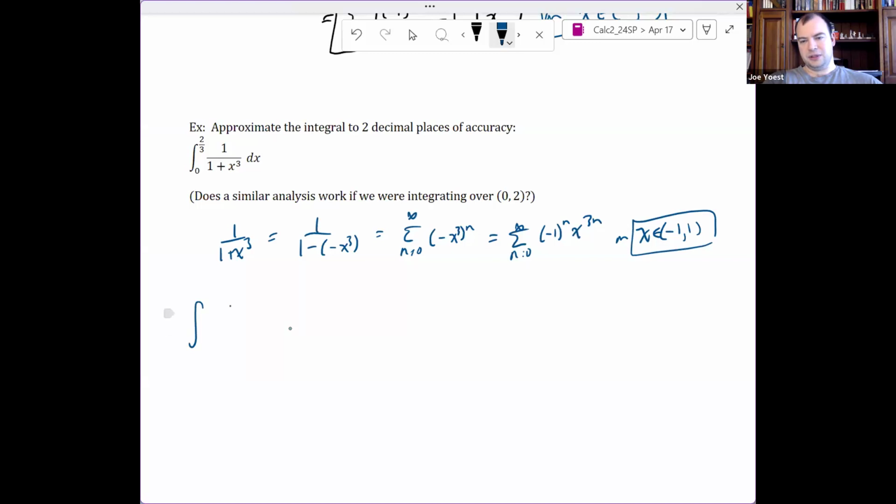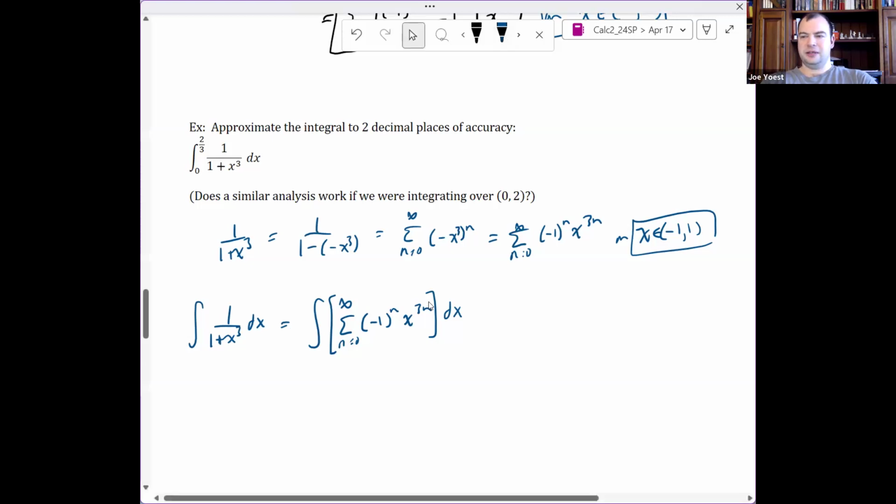So what's the integral of 1 over 1 plus x cubed dx? That's the integral of the sum n equals 0 to infinity of minus 1 to the n, x to the 3n dx, like that.